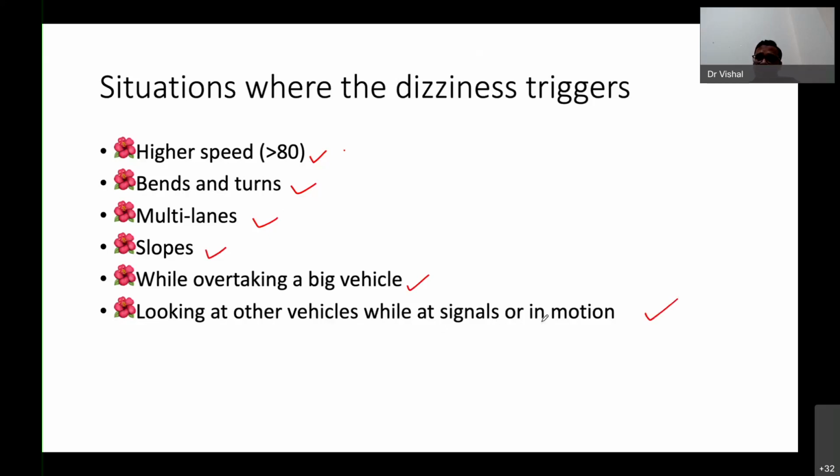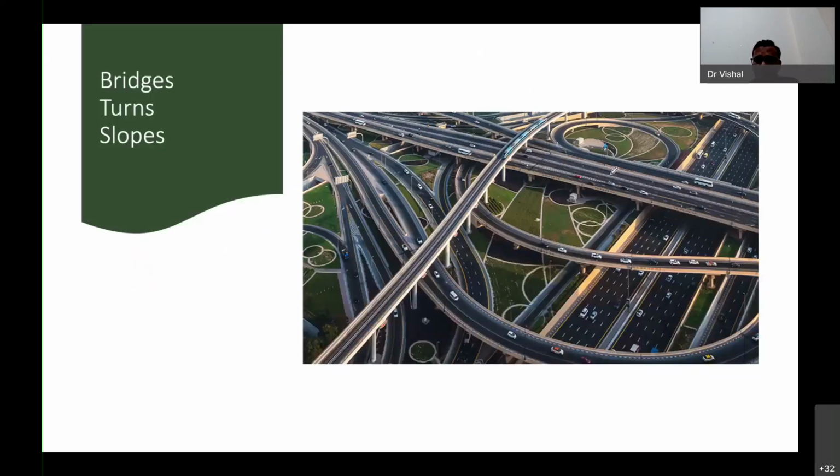So here in Dubai, we have complexity of roads. Looking down from the bridges, the turns. In my case series of around 15 patients, some drivers had problems in the turns, looking down from the bridges and slopes.